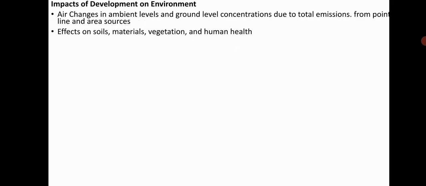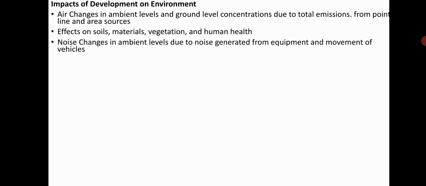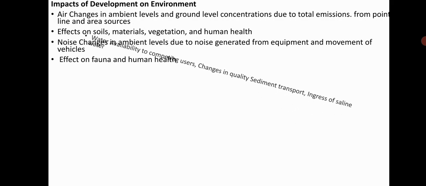Due to changes in the quality of air, it induces a lot of impacts on individual human beings and all the living things on the earth's crust as well as the total environment. It also affects soil, materials, vegetation, and human health. Noise also changes in ambient levels due to noise generated from equipment and the movement of vehicles, with effects on fauna and human health.